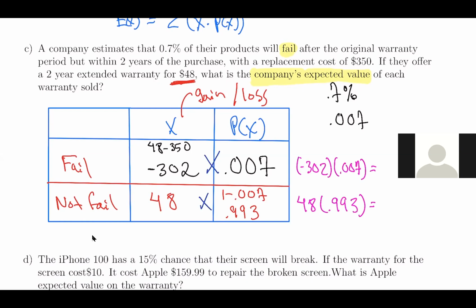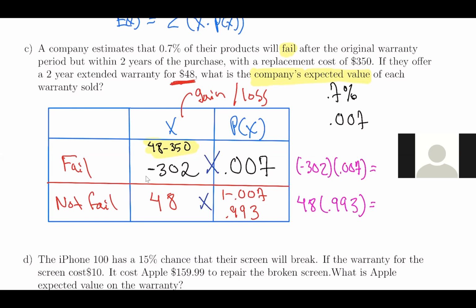Okay, how did I get what, Fidelia? The 302, we get it over here. If you do 48 minus the 350, that will give me negative 302. That's how you get the 302.